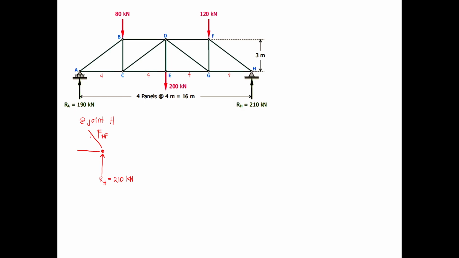If you break down its components, to counteract 210, it must be going downwards, and it must be going to the right, because it should be in compression. So member HF is in compression. To counteract the horizontal force of HF going to the right, member HG is going to the left. So force HG.